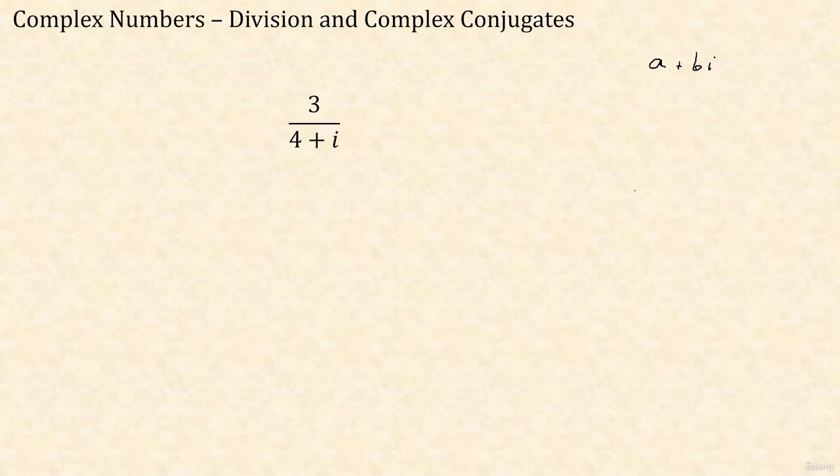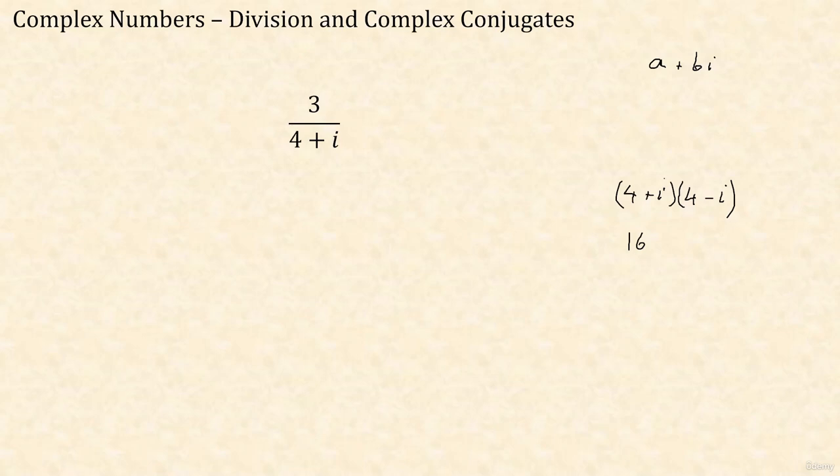So notice that if I was to take 4 plus i and multiply it by 4 minus i, we get 4 times 4 is 16. And then the negative 4i that I get here, 4 times minus i, cancels with the i times 4, the positive 4i here.